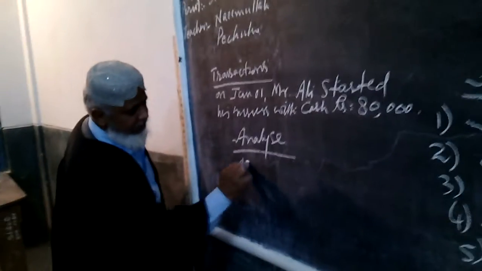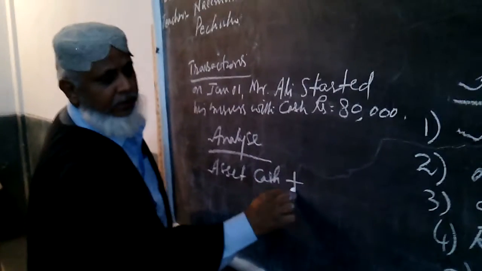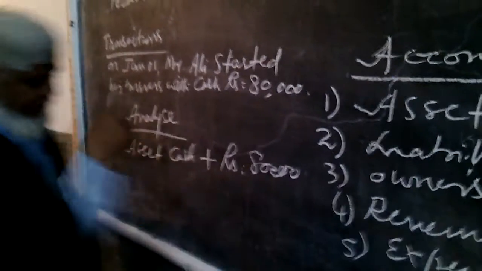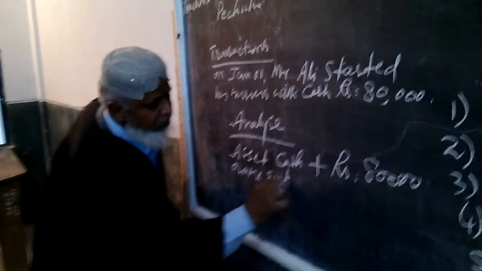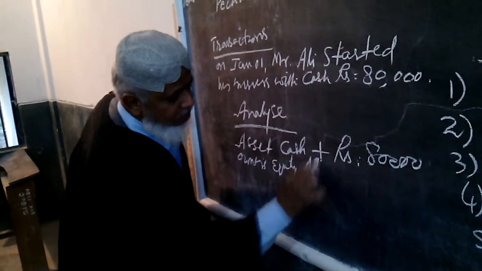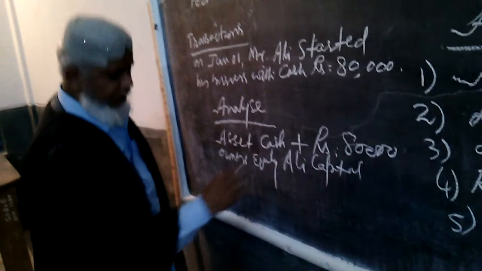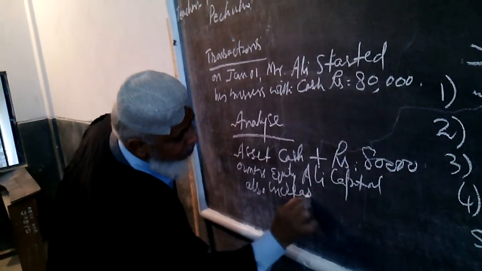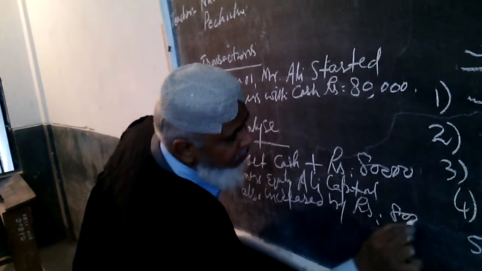Asset cash increased by rupees 80,000, and similarly owner's equity, Ali capital, increased by rupees 80,000, on the credit side.